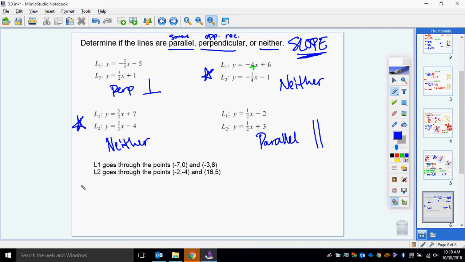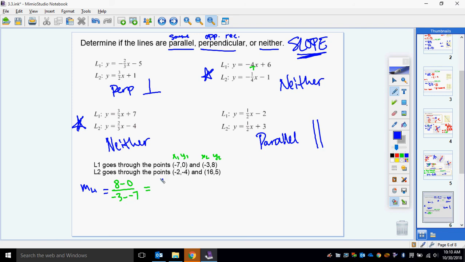So let's find the slope of line 1. To do that, remember from the beginning of the section, we need to subtract the y's in the numerator and subtract the x's in the denominator and figure out what this slope is.